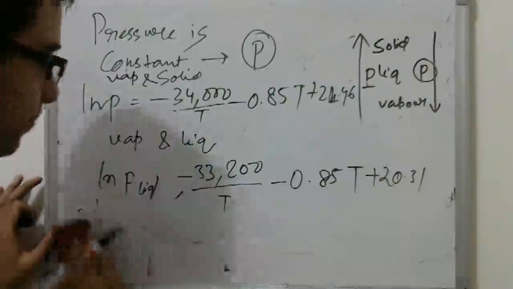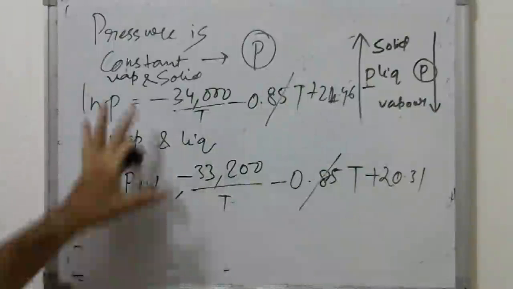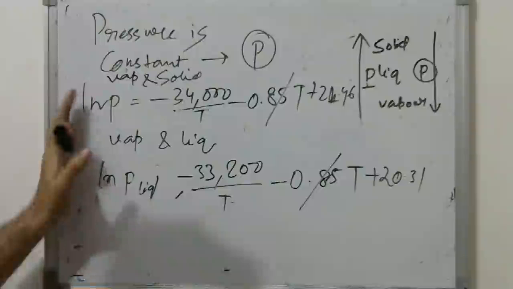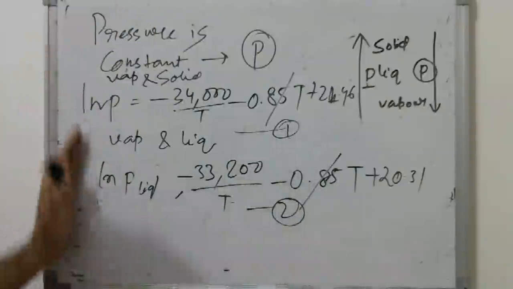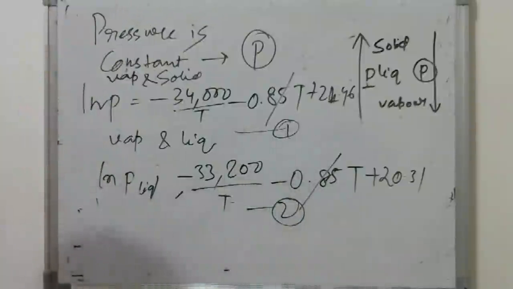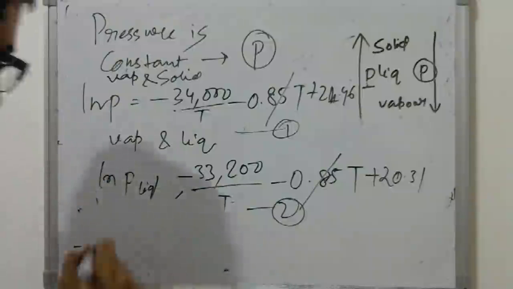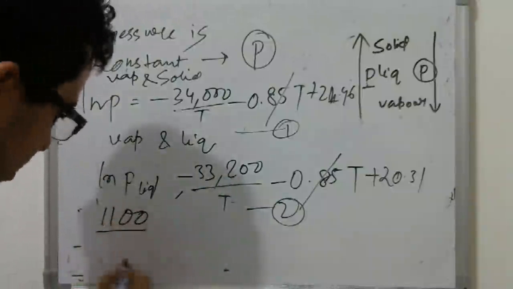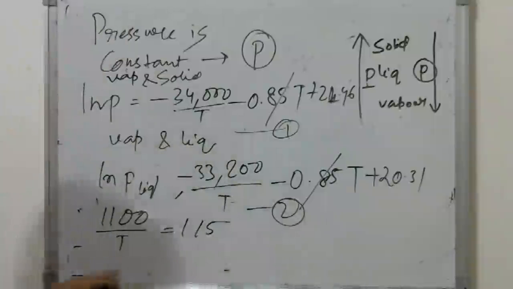Let's equate these. Equating 1 and 2, ln P cancels out, and if you do a transformation, it will be 1100 by T is equal to 1.15. T is the temperature.